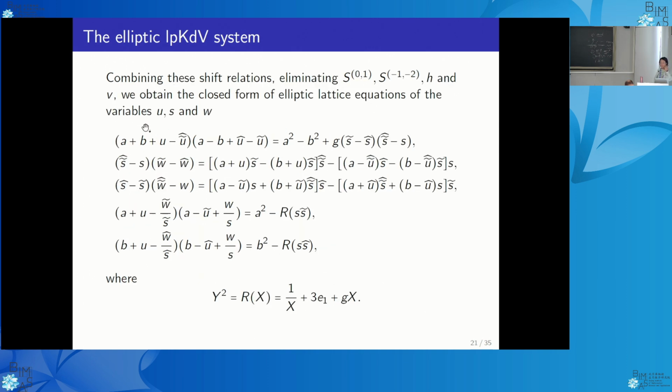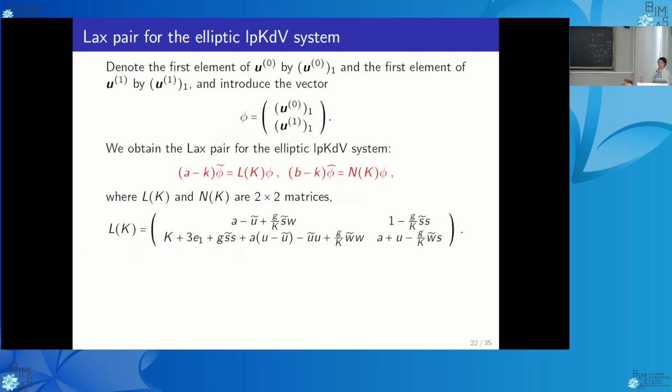Combining these shift relations and eliminating S10, S-1, S-1,-2, H, and V, we obtain the closed form of the elliptic lattice equations of the variables U, S, and W. Several hours ago, Dajun told me this system can be rearranged as 2 equations with 2 variables.